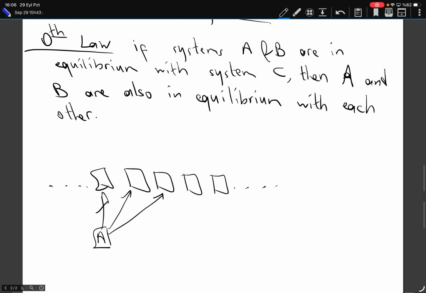Let's say that it's not in equilibrium with this one, not this one, but with this one. And then if I find another system B, if it's in equilibrium with this one, again, the Zeroth law tells me that A and B are in equilibrium with each other. So that's the statement. So what is C? I can just give it any name.